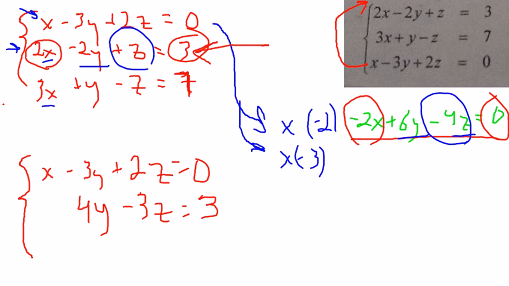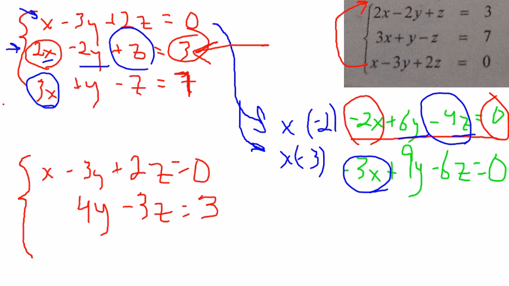Alright, so now I'm going to do the same thing with the bottom line. I need to multiply by -3, so I get -3x plus 9y minus 6z equals 0 again. Now I'm going to add this and this. They go away. There's no x term. That's my targeted goal. Next, I add this to this.